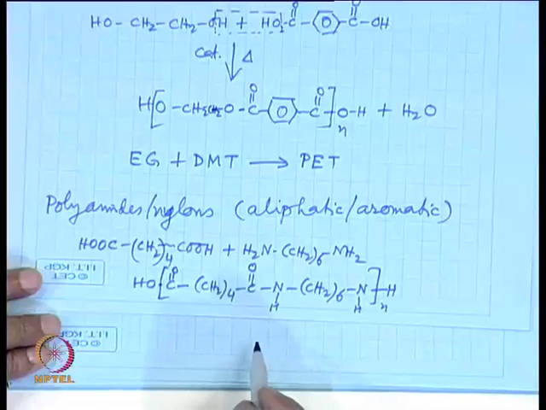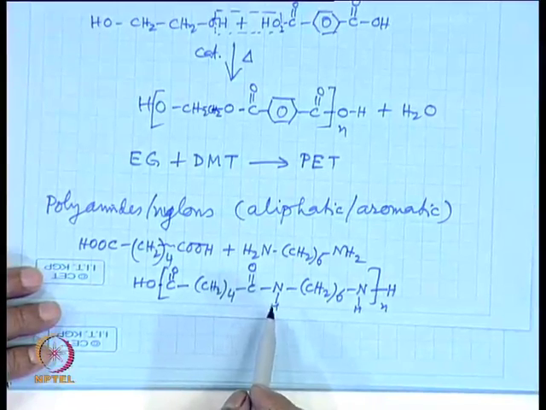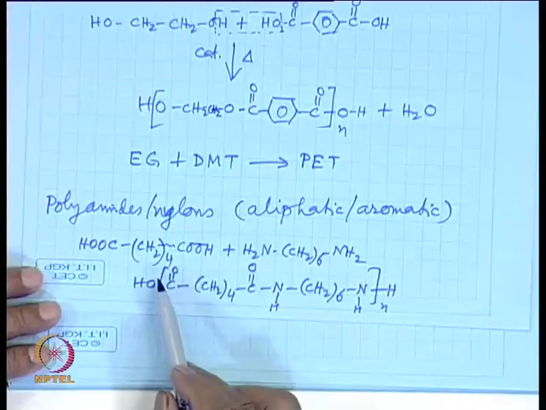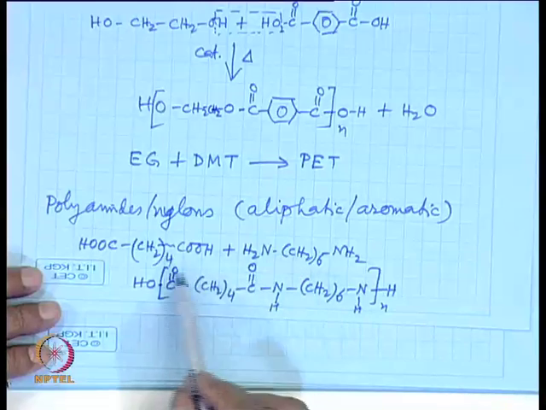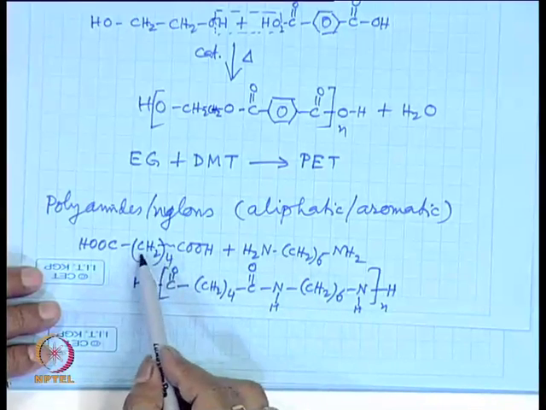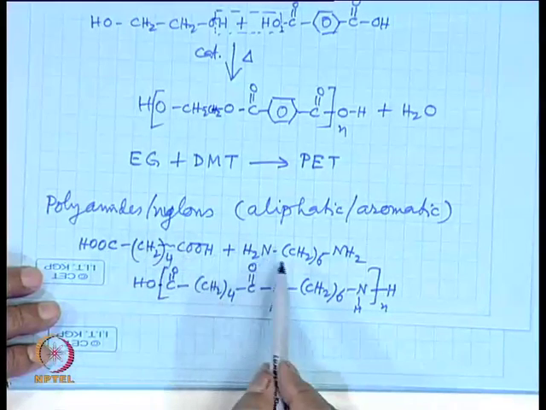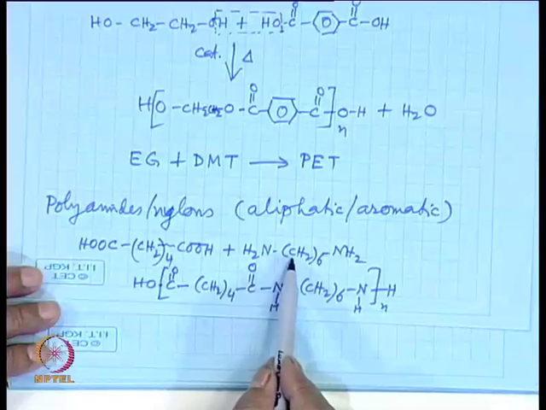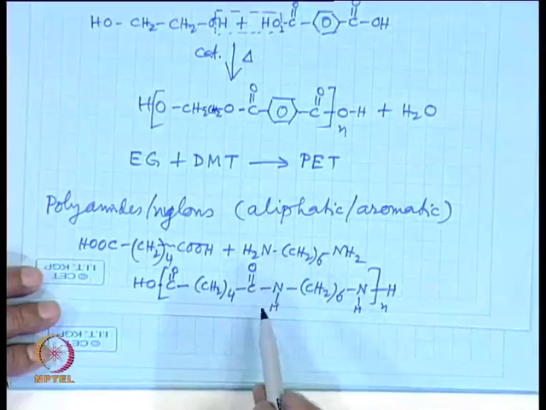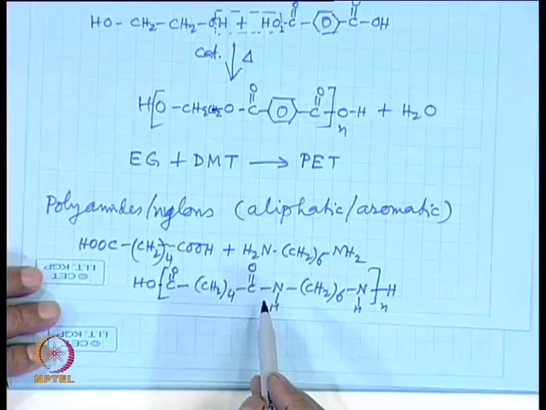This is nylon 6,6. Why nylon 6,6? From the acid side there are 6 carbon, 4, 5, 6. From the diamine side there are 6 methylene groups. So, that is why it is called nylon 6,6.